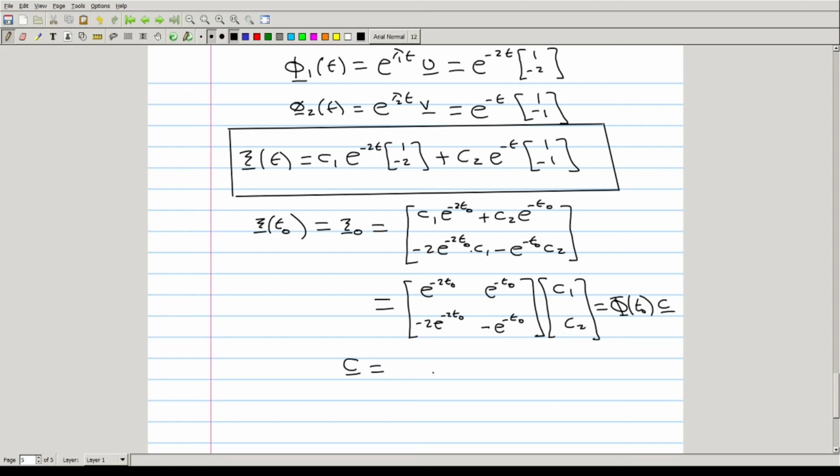To solve for the coefficients, we would take the inverse of this matrix and multiply it by the initial condition vector x naught.